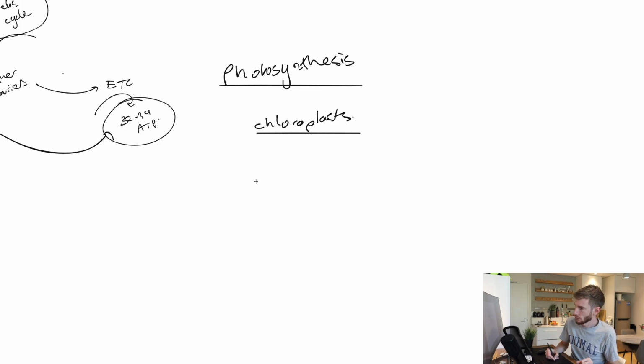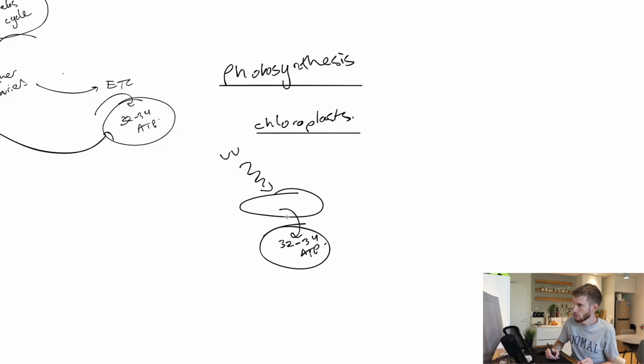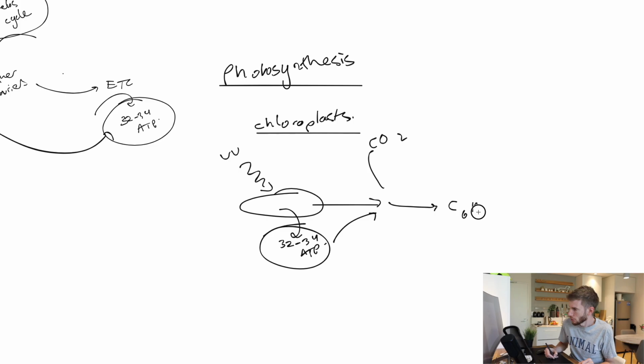So they really pump ATP out of their sugars. UV light goes in, and out of that, they get another 32 to 34 ATP out of that system. And then on top of that, they spend a little bit of it, and not all of it, but then they're converting CO2 into glucose.